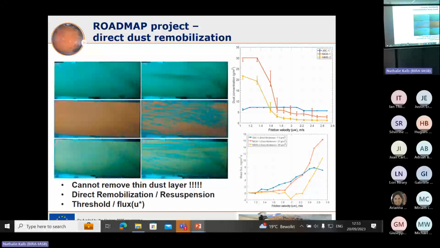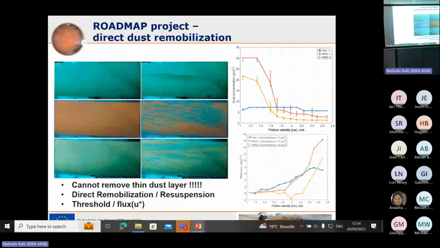So I'll show you a movie in a second if it works. But immediately, the most interesting thing we saw about direct dust resuspension, so dust just deposited on an immobile bed, is that if it was thin, then we simply couldn't remove it. It's not possible. We went up to the highest wind speeds and we couldn't move anything.